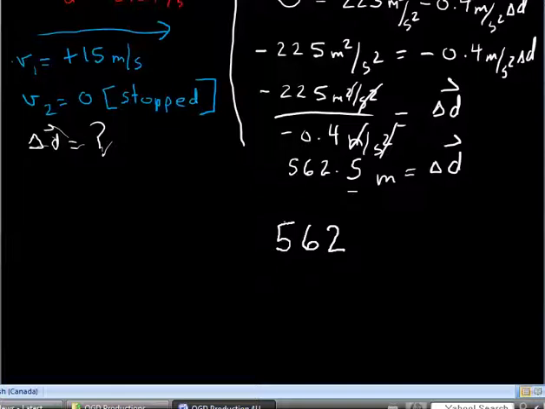We have a 5 here. So I would say this is 562 meters east is equal to my displacement. Okay, this has been the first part of this lesson. I'm going to stop it here, and then we'll do the second part of the lesson.